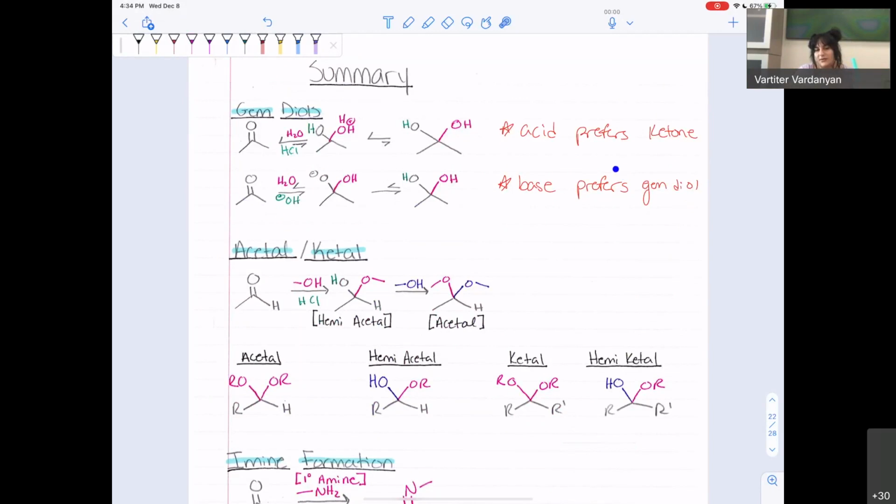So I am actually going to change this before I send it out to you. So gem diols, Dr. West did it a little bit differently the last semester than he did this semester. So this semester, he didn't really talk about the difference between acid and base. He talked about aldehydes versus ketones. So aldehyde prefers the gem diol form, whereas ketone prefers the ketone form. So that's all I changed for that first one.